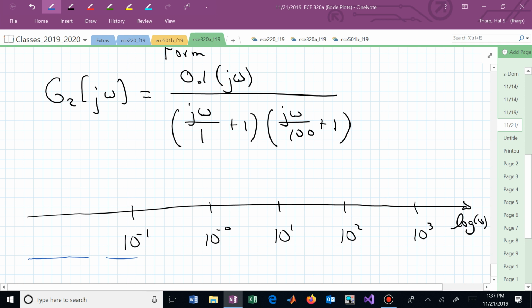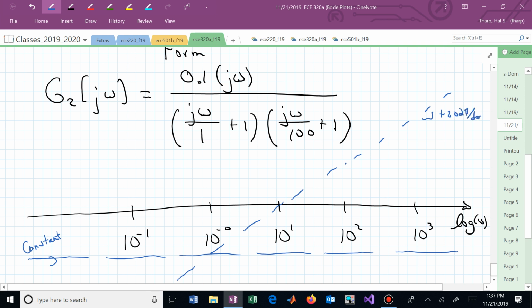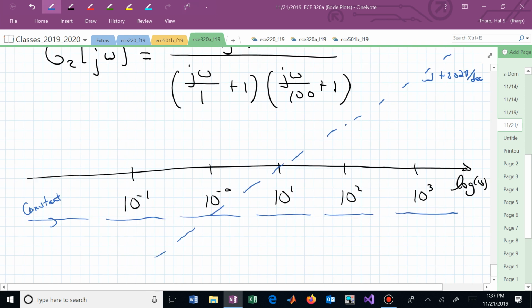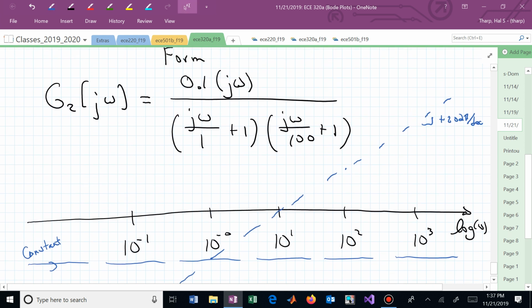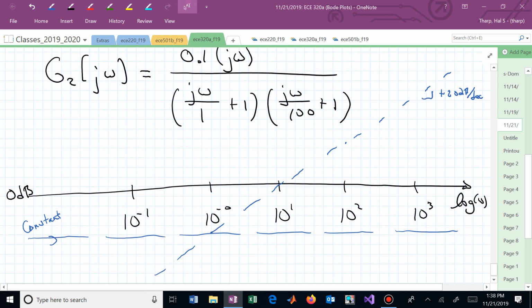We now have minus 20 dB here due to the constant. We have a 0 at the origin. That was sloping up at 20 dB per decade forever. That just keeps going and going, but it crosses, here's my 0 dB line, through.